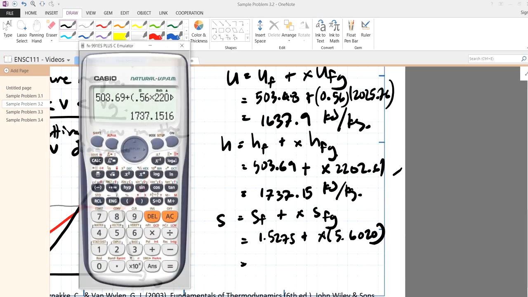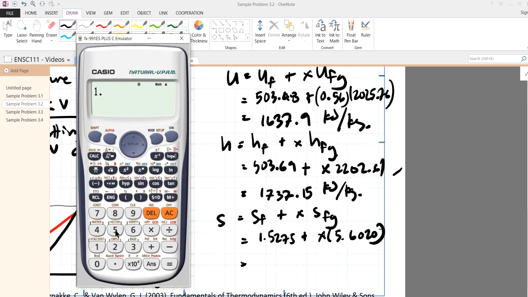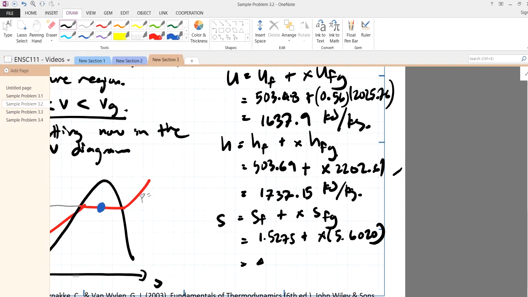Then for s, we have 1.5275 plus x, 0.56, times 5.6020, and what we have is 4.66 kilojoules per kilogram Kelvin.